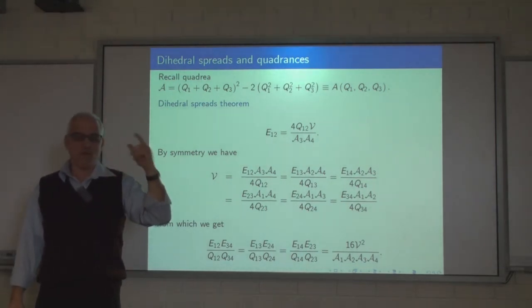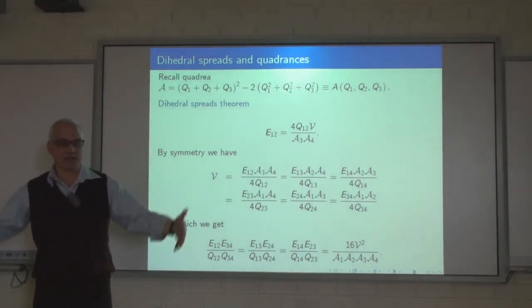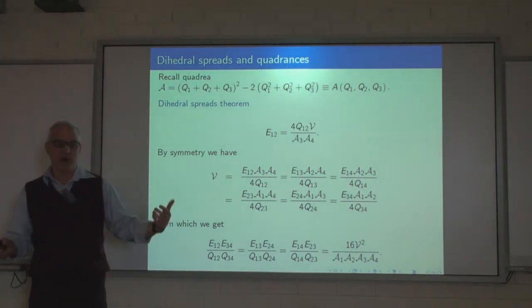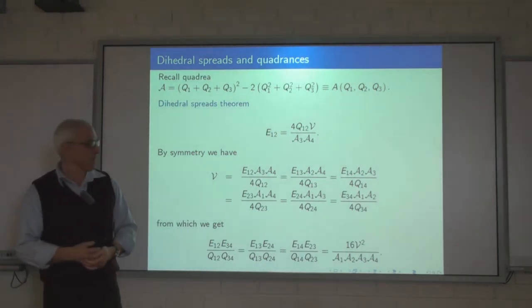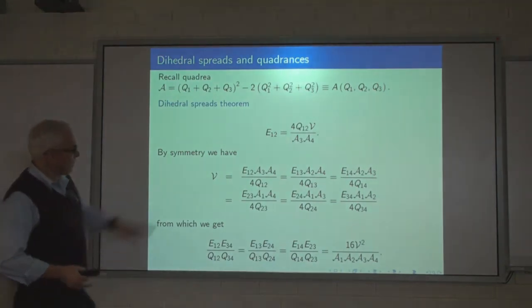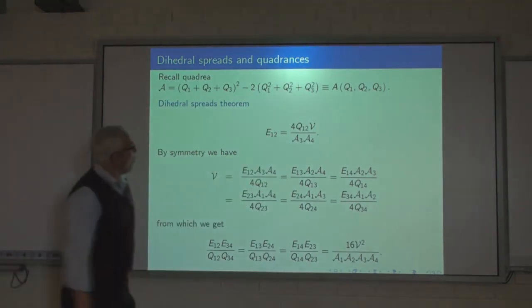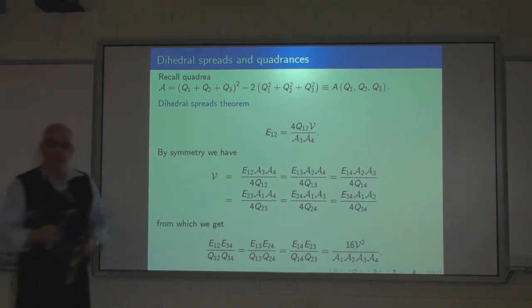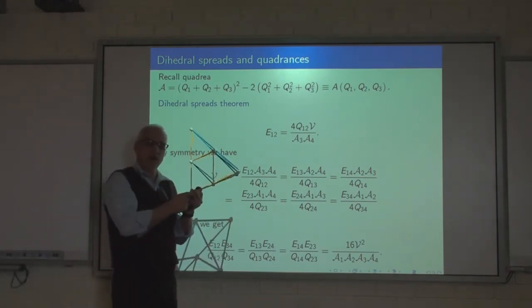That was 144 times the volume squared. That was that big expression involving those many terms involving the Qi's at the bottom of one of the sheets. And what are the denominators? Well, the denominators are the quadreas of the corresponding faces.